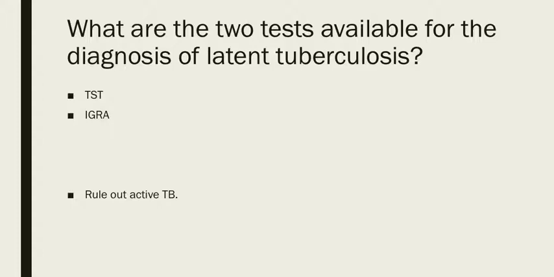Still, we are left not knowing if these patients were exposed at some time and cleared the infection, or if they actually have latent tuberculosis. So this is why I'm telling you it is imperfect, but it is what we have. In any patient with a positive TST or a positive interferon gamma release assay in whom we rule out active tuberculosis infection, we should treat for latent tuberculosis.